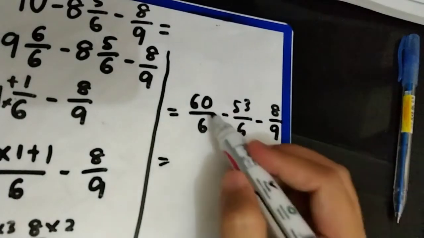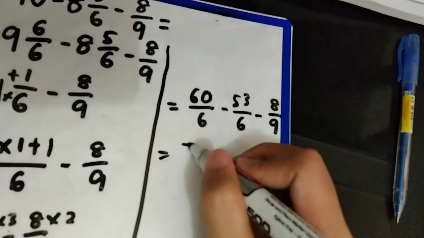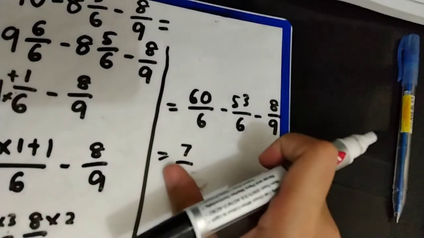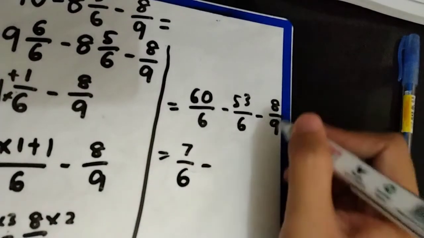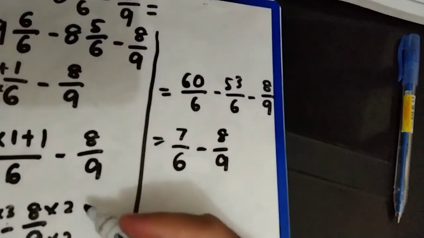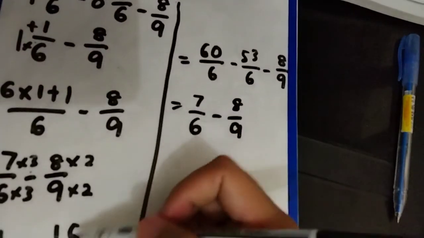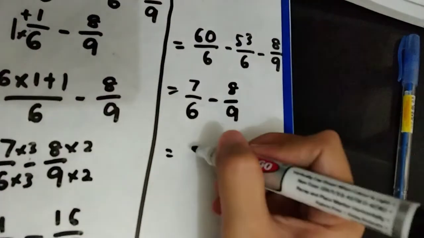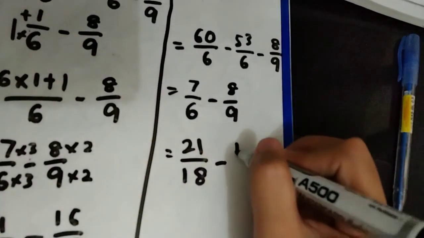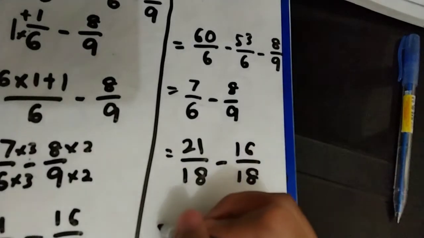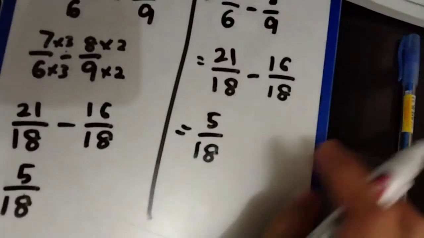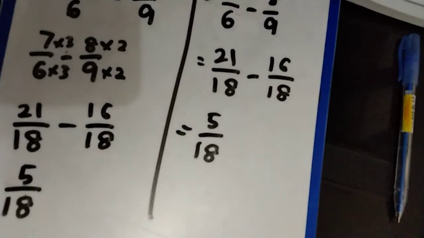So you subtract the same denominator first, which is 7/6. Then 7/6 minus 8/9. You do the same method, same steps, changing the denominator into the same number, which is 18, and then do the subtraction, and that's all. You will get the same answer like the first method. Okay, thank you.